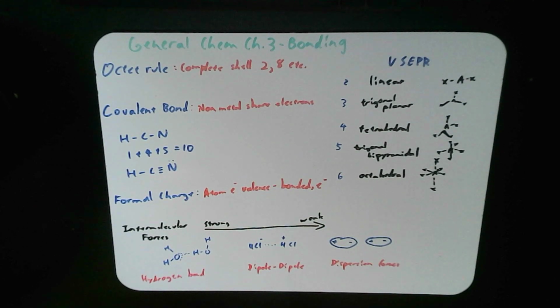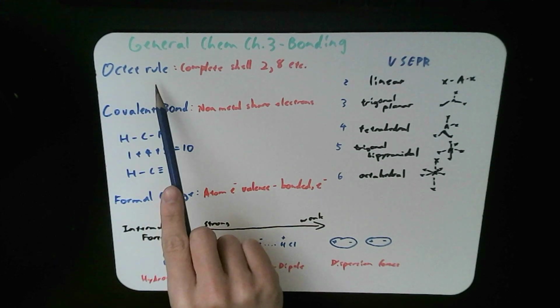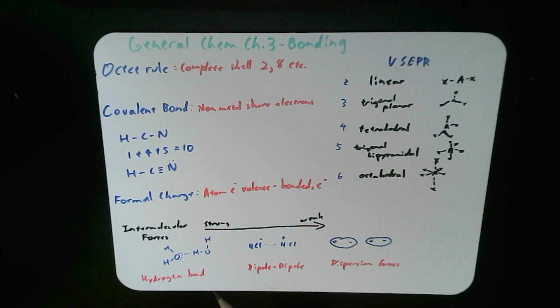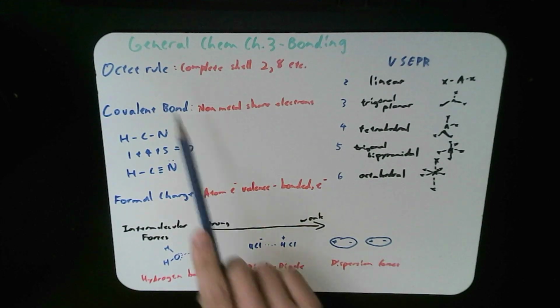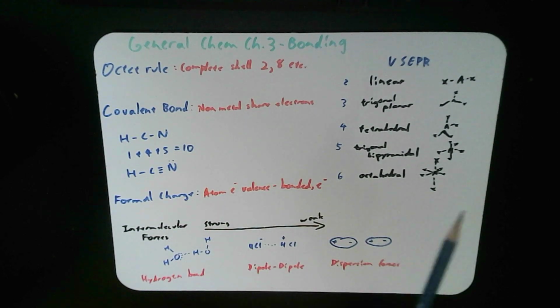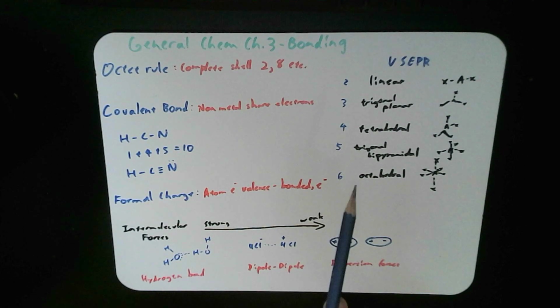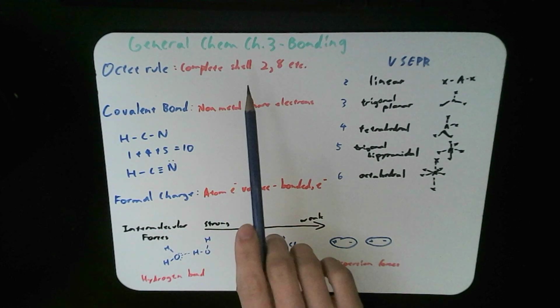However, we will need to go through all of the topics inside bonding. That goes from the octet rule, where most atoms strive to complete their shell. Think about trying to become a noble gas: the non-metals will want to gain electrons, whereas the metals will want to lose electrons.